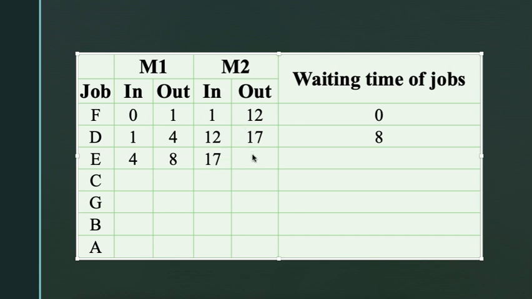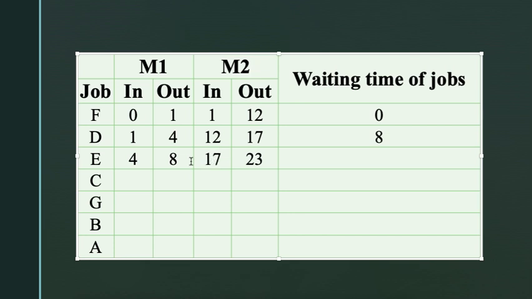It takes 6 hours for job E to process on machine M2. So 17 plus 6 is how much? It is 23, right? Now the difference between 17 and 8 will be the waiting time between these two machines for job E. Job E gets finished here in 8 hours, but on machine M2, job D is still processing, right?